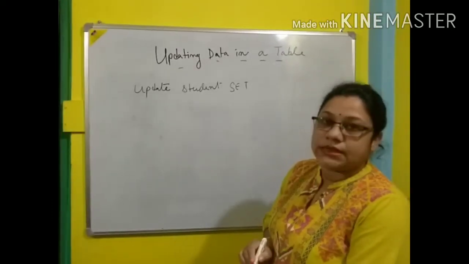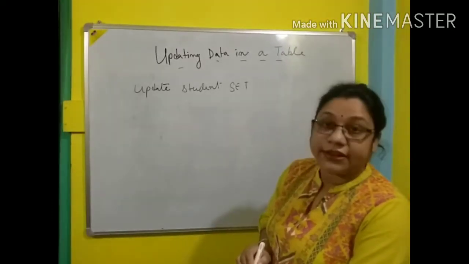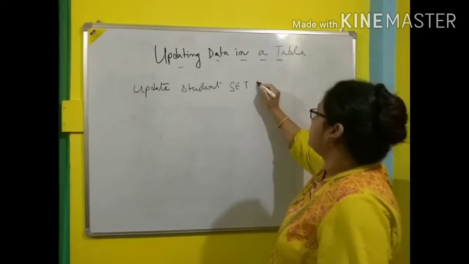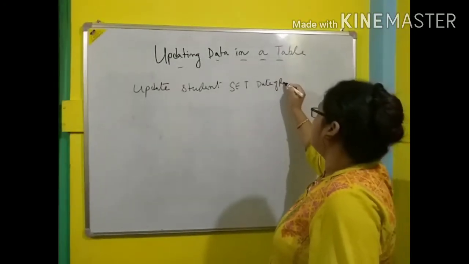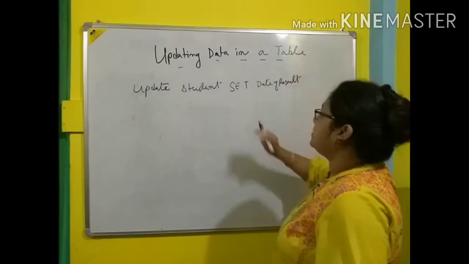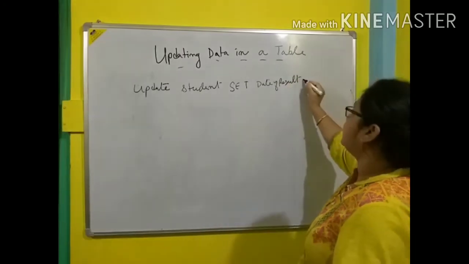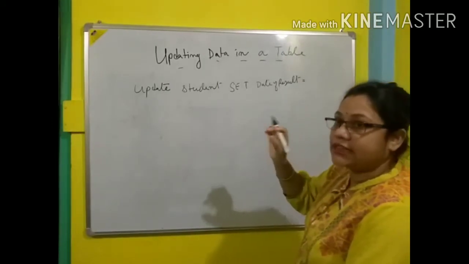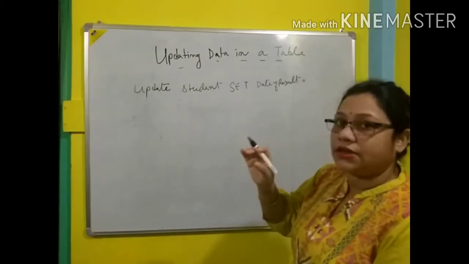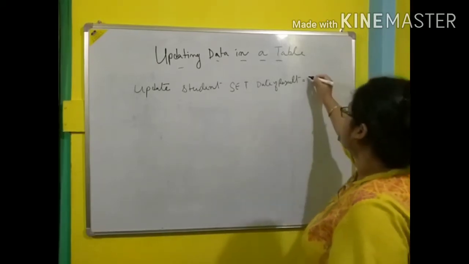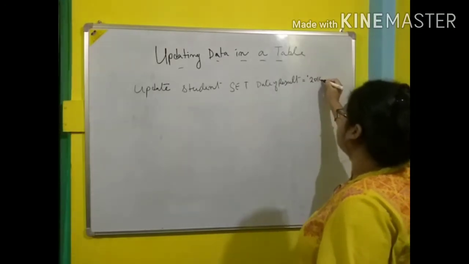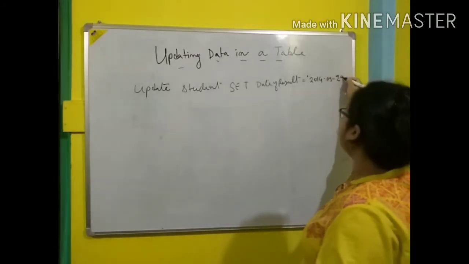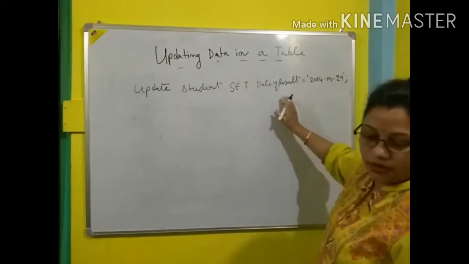From the book, suppose we want to change the date of result. So the column name is date of result. So set date of result. This is the column name. After that, give an equal symbol and set the new value, that is the expression or the new value that you want to update. Suppose within quotation marks 2014-03-29.